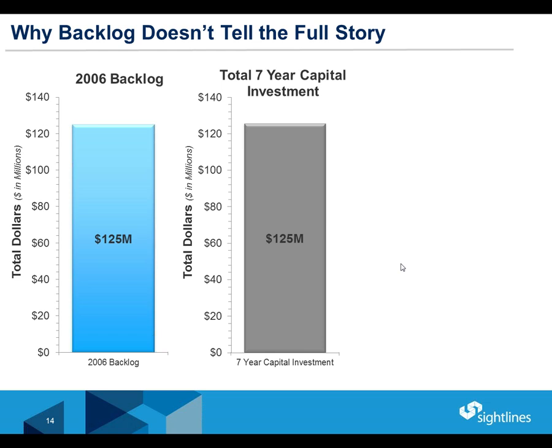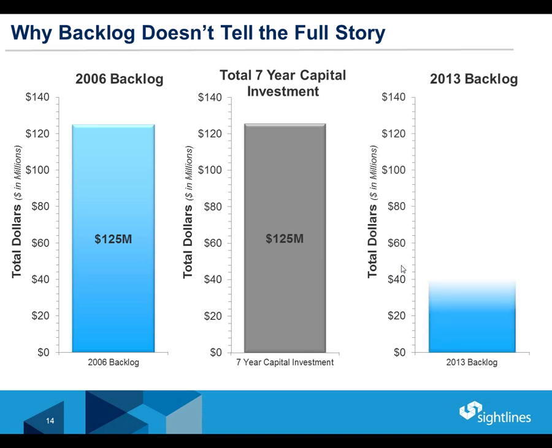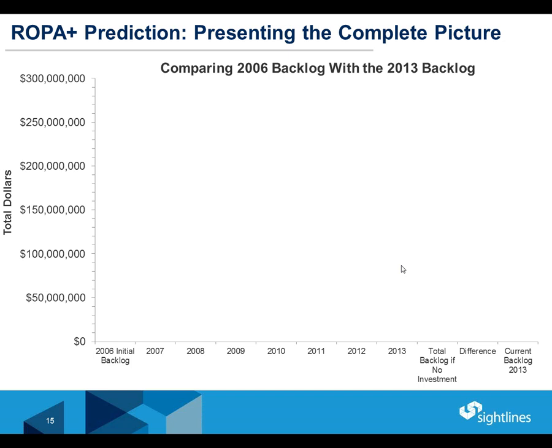So if you're all in the same room right now, I'd ask for a show of hands, who thinks their backlog is 0? And the real answer behind this, when we look at their updated analysis in 2013, their backlog total was $130 million. So then that raises another question, well, how is that possible? Does that make sense? And that's what I'll explain on this next slide. So in 2006, we have that $125 million backlog need.